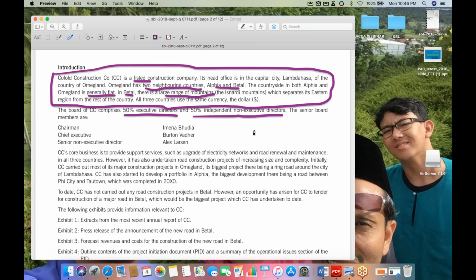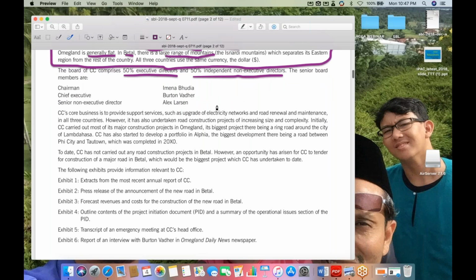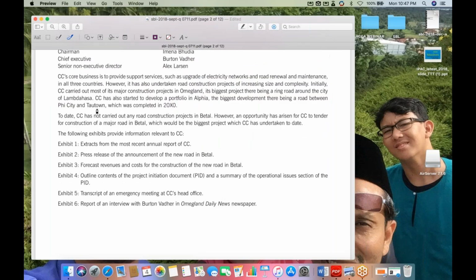And they tell you who the chairman, the chief executive, and the senior non-executive director are. And then they give you the nature of business of CC.